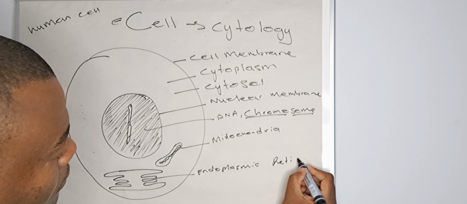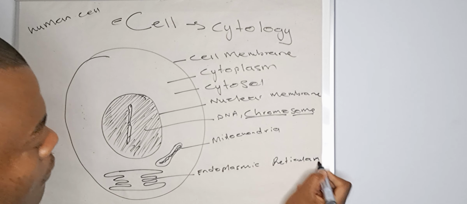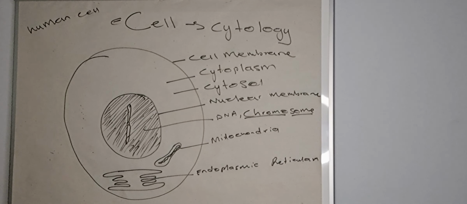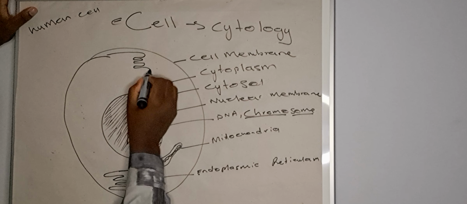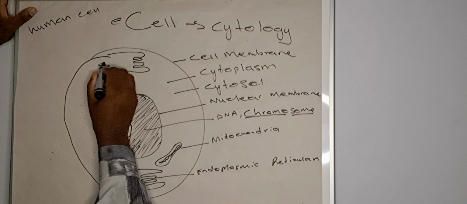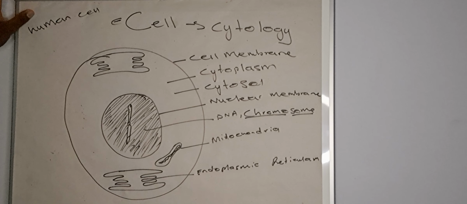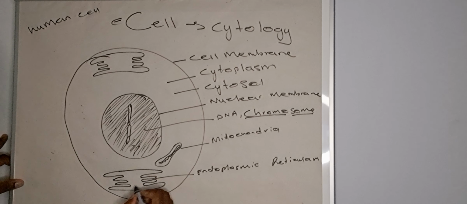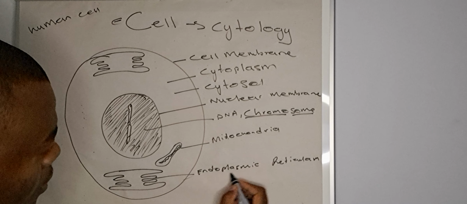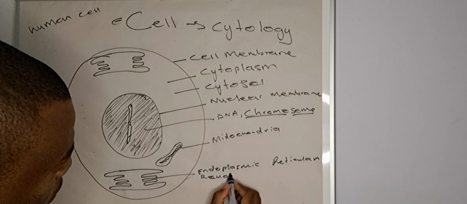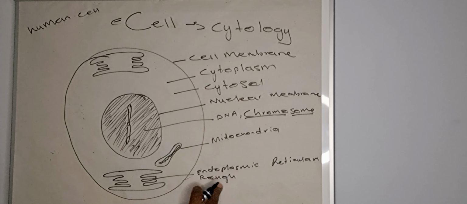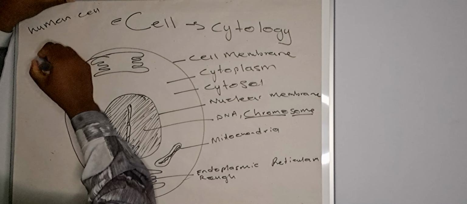Endoplasmic reticulum. And then we have another one here. This one is another one. This one will be your rough endoplasmic reticulum. This will be your smooth endoplasmic reticulum.